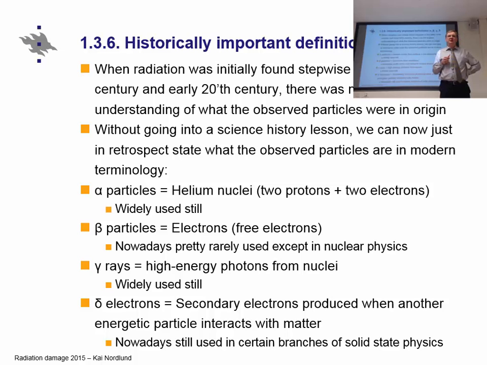The most famous physicists in those days were almost all involved with radiation effects in one way or the other. In the beginning, of course, people did not know what those things were. Still in the 19th century, of course, the ether theory was strong. It was only Einstein and Rutherford who finally proved that the ether theory is wrong and matter consists of atoms and electrons as physical particles.